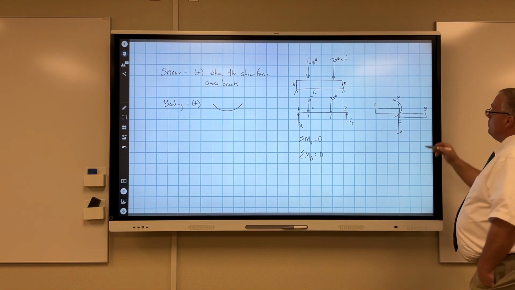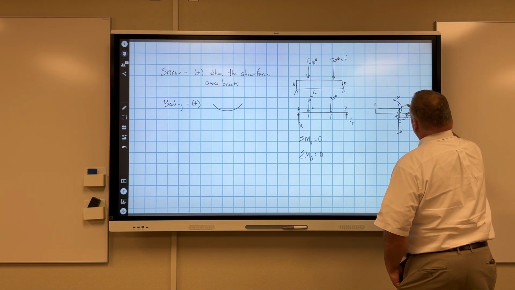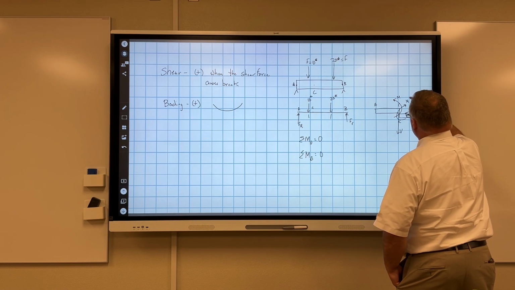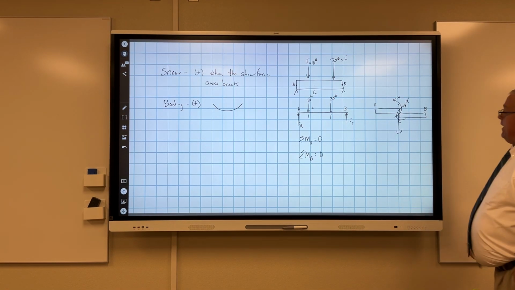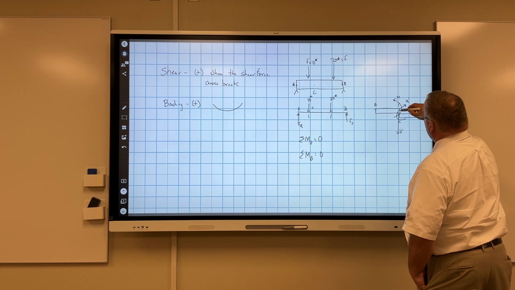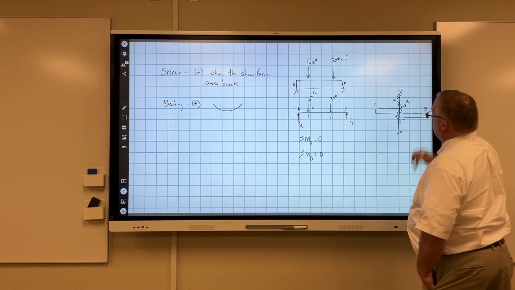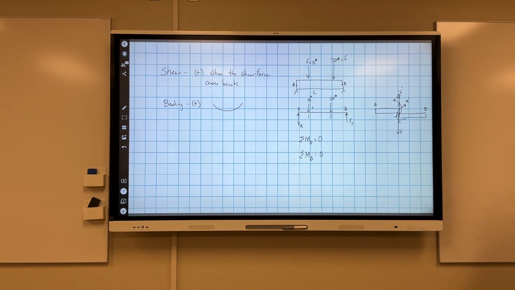Since I have those, I have another moment in this direction, which I'm going to call moment prime, and a shear force in this direction, which I'm going to call B prime. And you're looking at that, oh, I don't agree with that. But remember our definitions.